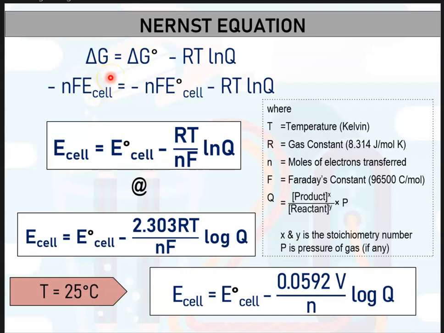So this is another Nernst equation, in certain condition. If we have different concentration, look at this one first. Delta G is equal to delta G naught plus RT ln Q. R is the gas constant, T is the temperature, and Q is the concentration of product divided by the concentration of the reactant, times P, the pressure, if it involves gas.